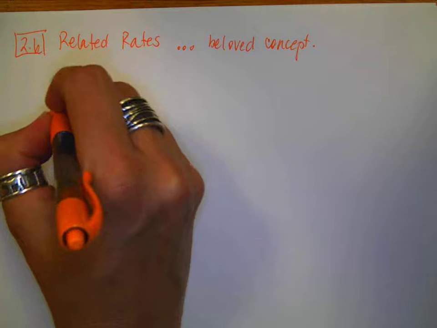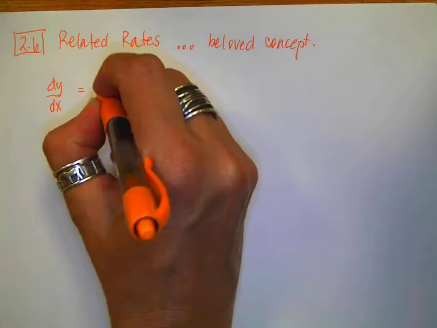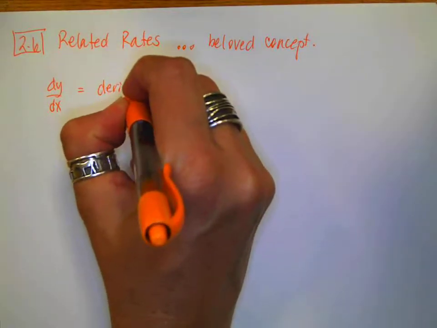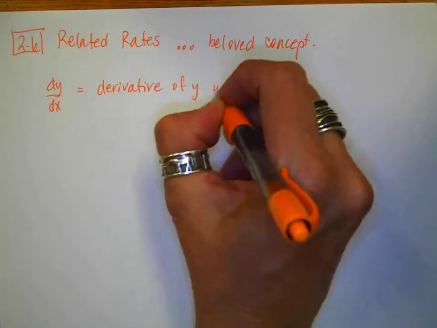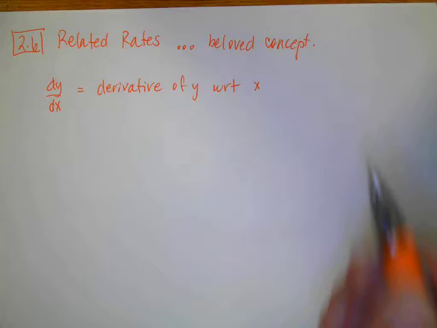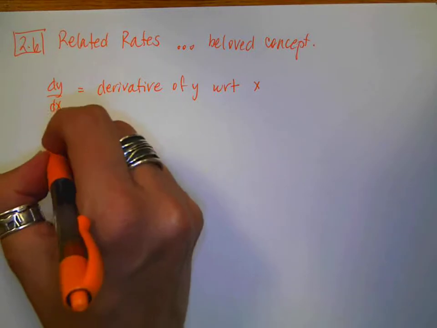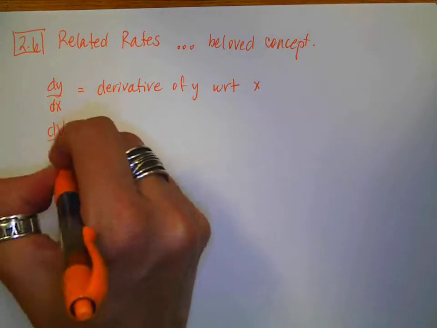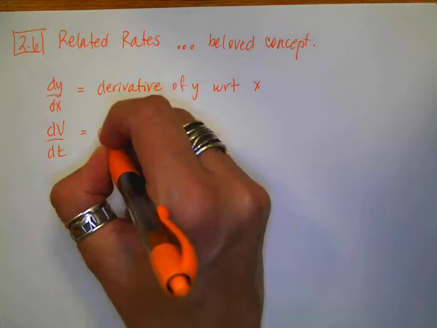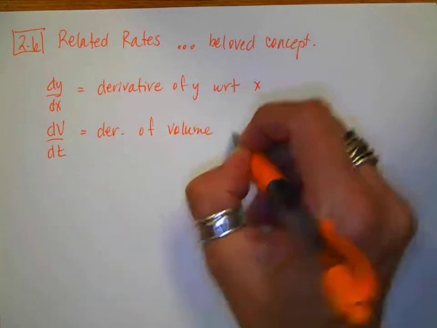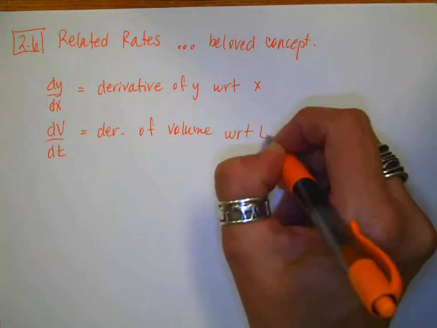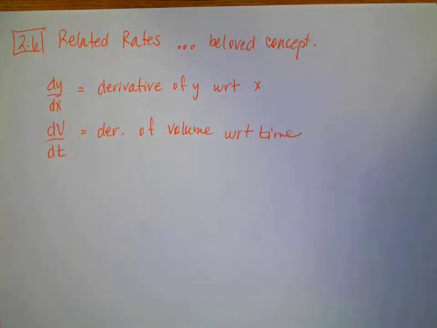So just to review some terminology, if I have dy dx, that means the derivative of y with respect to x. And then if I have a dV over dt, this is the derivative of the volume with respect to time. Okay? And you get the general idea.